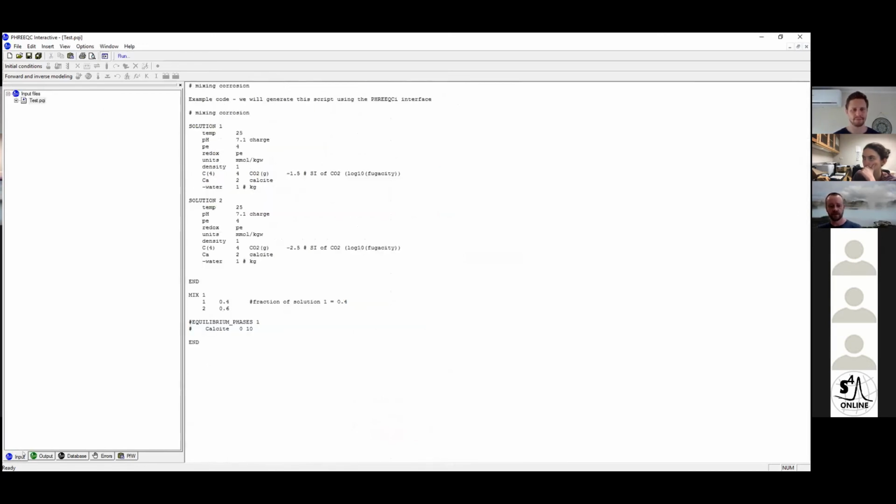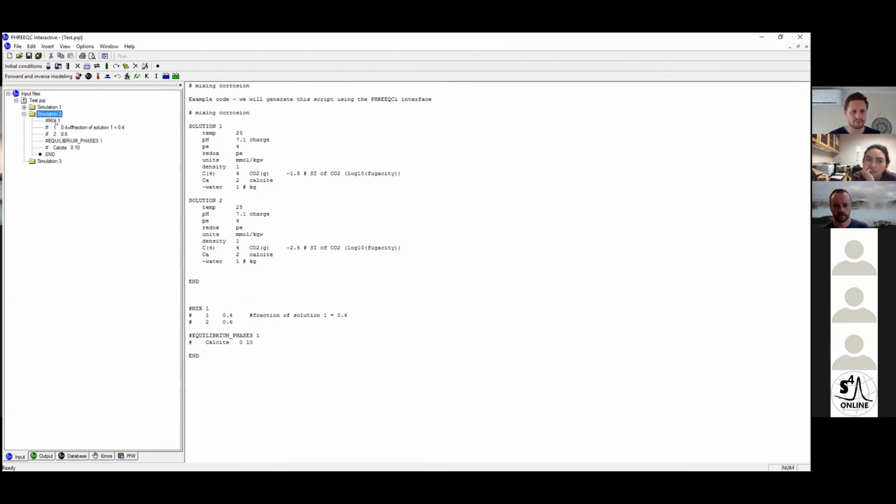So I'm going to go back to the input and show you how this gets entered. This hash just means ignore this line when it's running through the script. So to mix two solutions together, I'm going to go back to here, and mixing, let's find mixing.